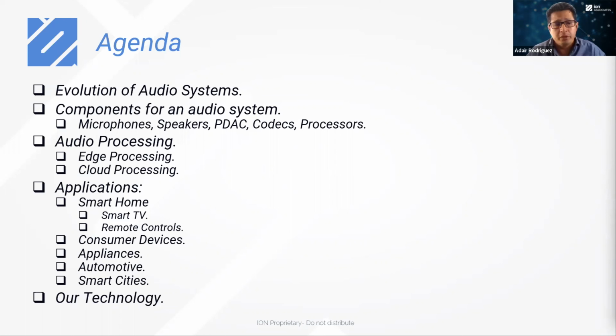So for this reason, we are going to talk about the trends in audio processing, whether it is cloud or edge processing. Of course, we are planning to provide some examples of applications that we have identified for the development of new products. And we'll also include some examples of the technology that we can provide with the principals that we represent.